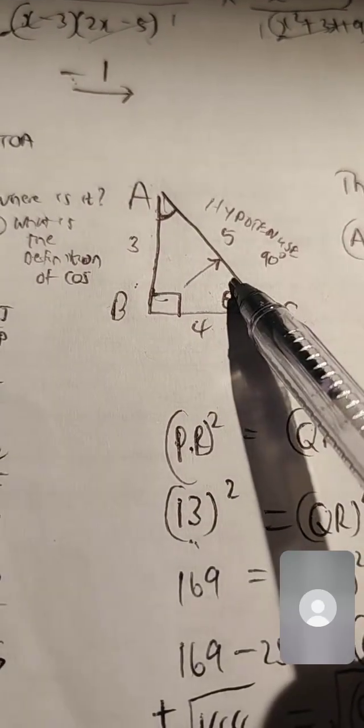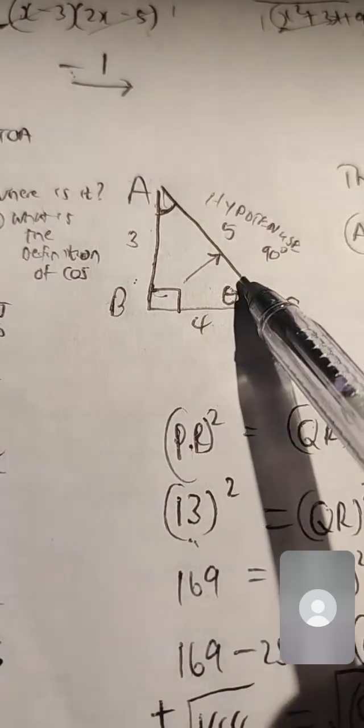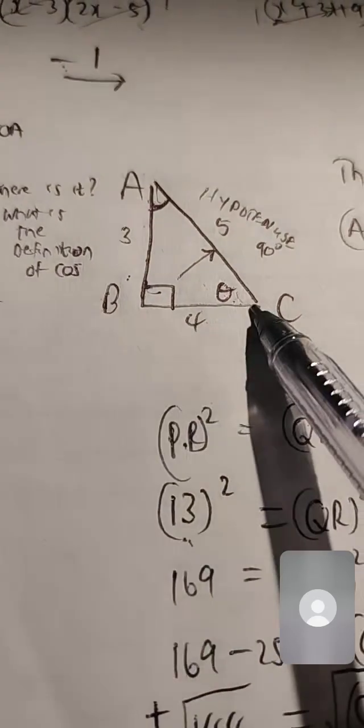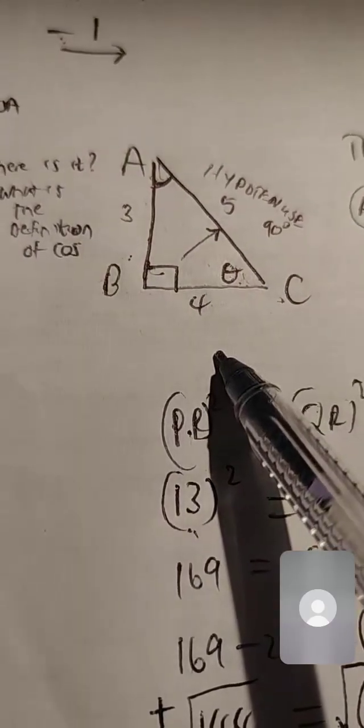I-adjacent side yethu ngokwale angle yeyiphi? Ku-BC. I-opposite side? Ku-AB. I-hypotenuse ayitshintshi noba sithetha ngeyiphi i-angle.